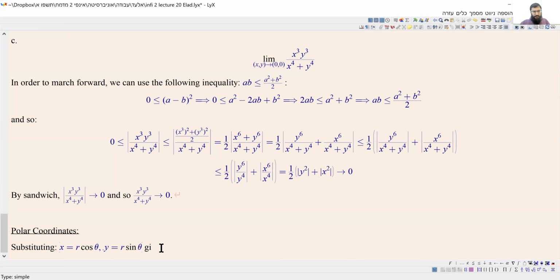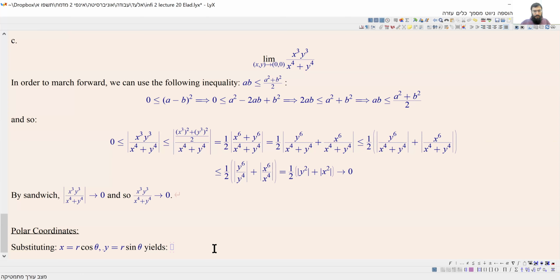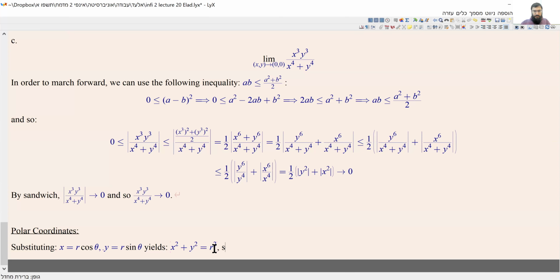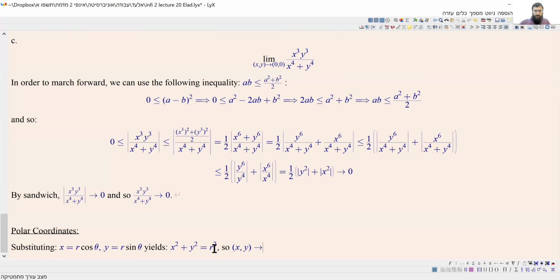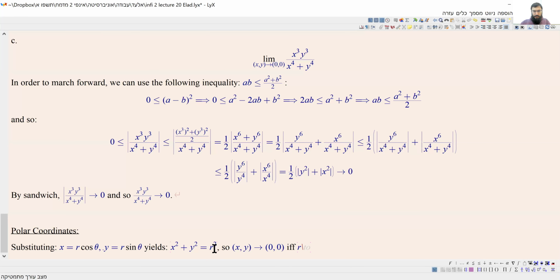Of course, x squared plus y squared is r squared. So x and y go to 0 if and only if r goes to 0.